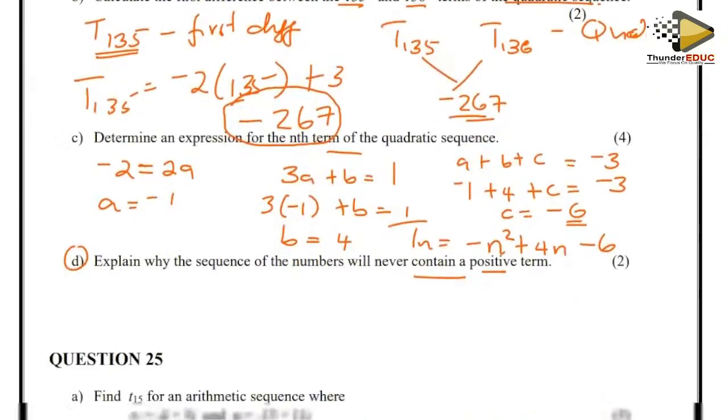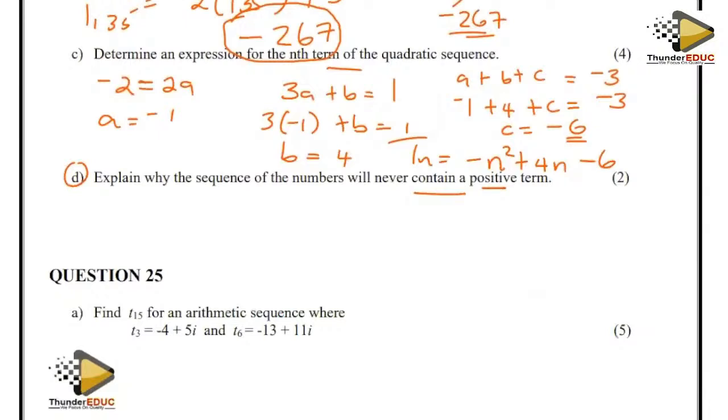But then they want us to explain why this sequence will never contain a positive number. Usually with questions of this nature, we try to look at the general term. When you square any number and then introduce a negative sign, the number automatically becomes negative.